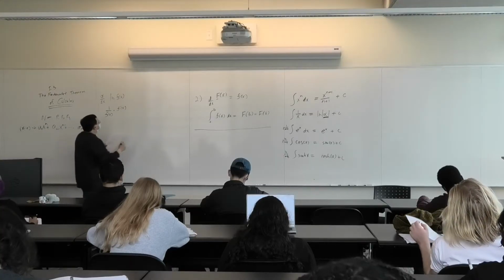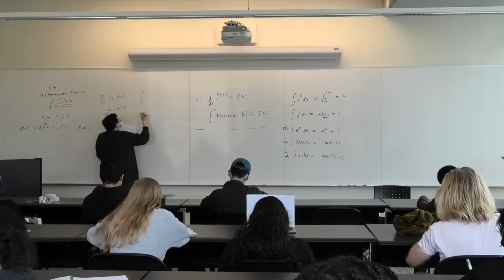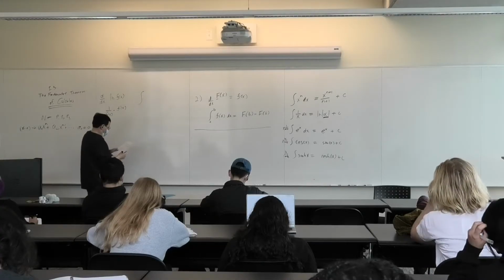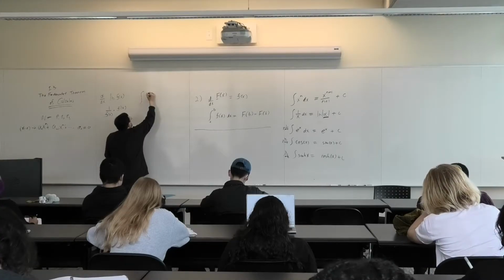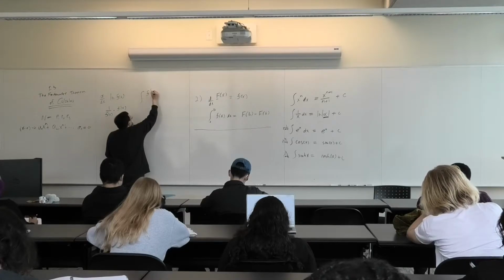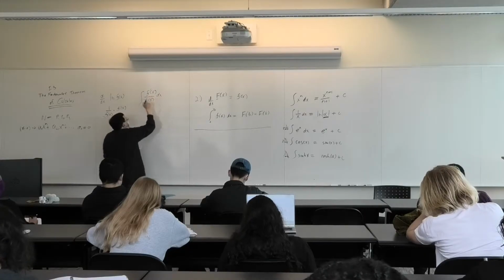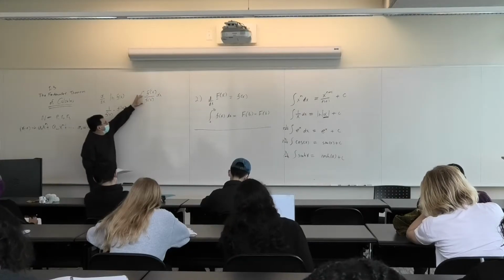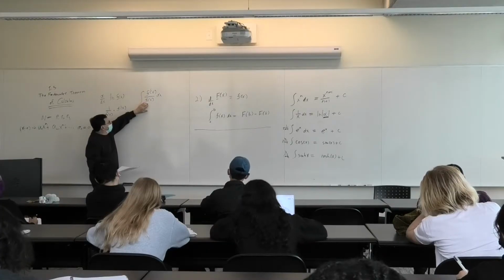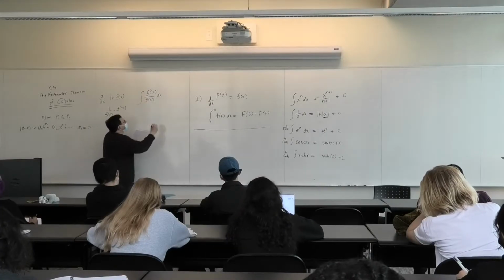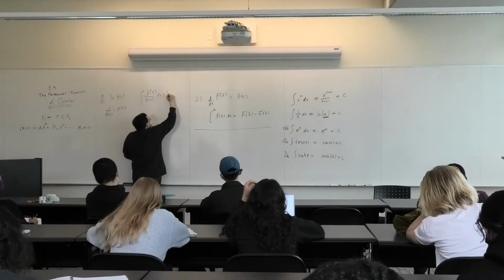So that gives us this pattern to look for when we're looking at integrals. We see something that looks like this, where we have the derivative over a function. We can evaluate that.